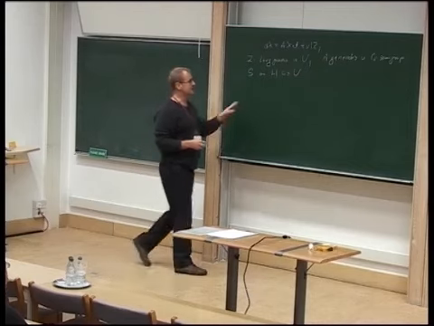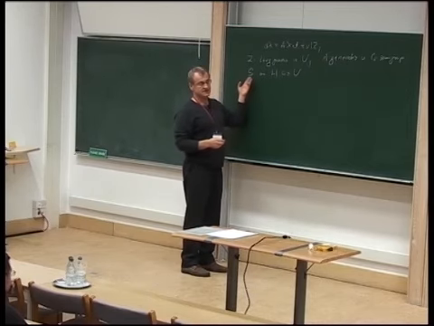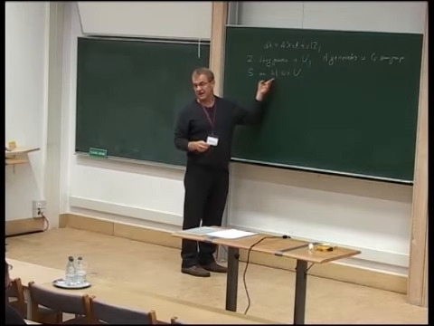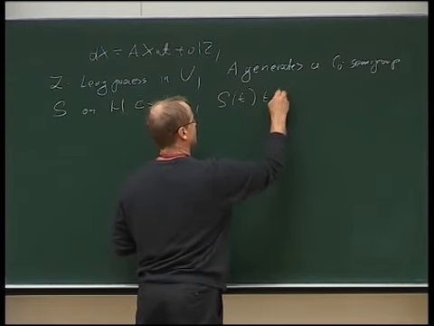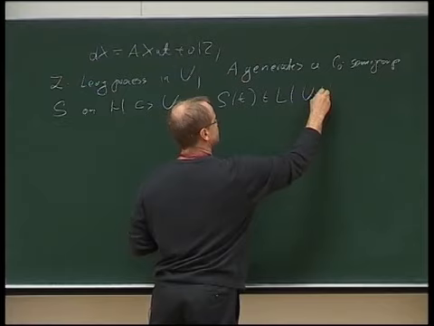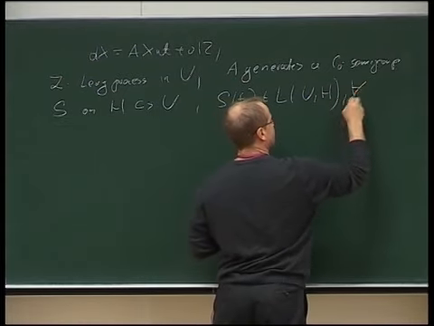So of course we have to assume that the semigroup acts from U to H. So we assume that S_t is in L(U, H) for any t.